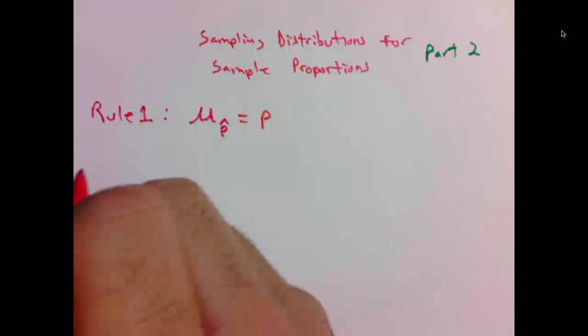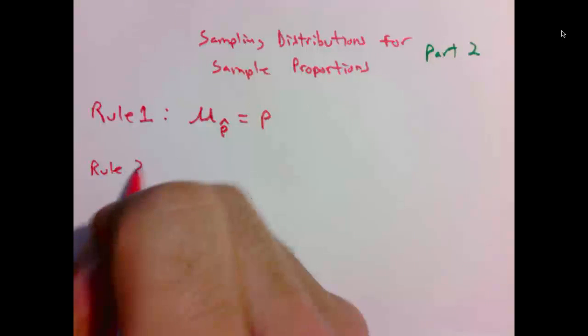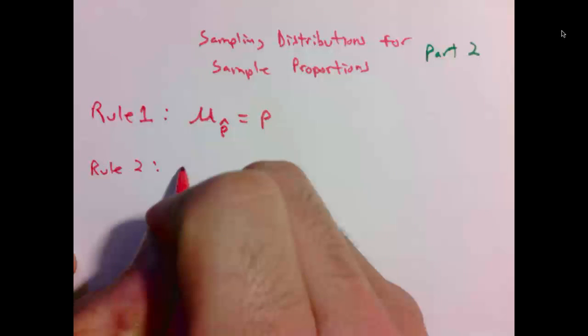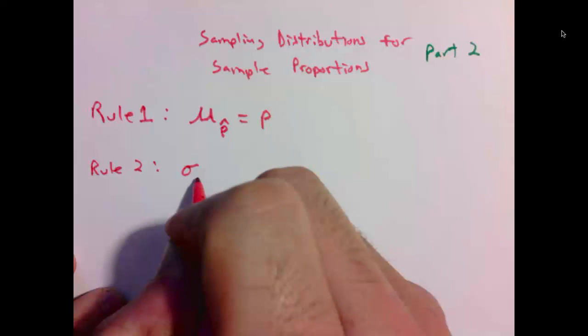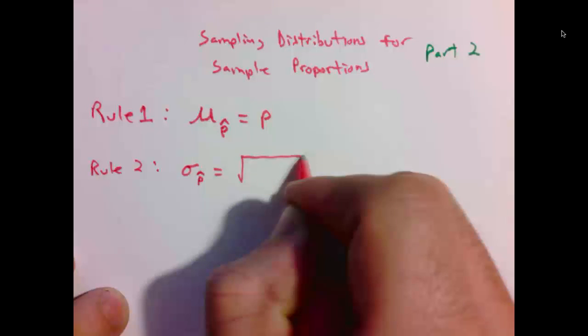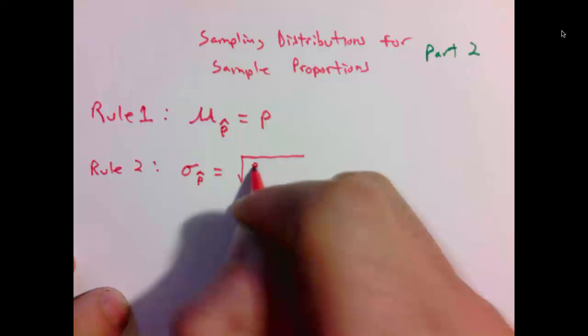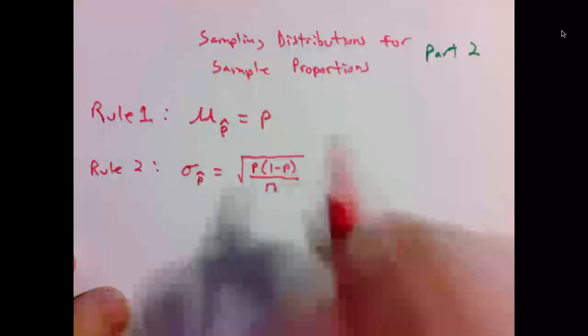Rule number 2. The standard deviation of these p hats is going to be equal to the square root of the population proportion times 1 minus the population proportion, divided by the sample size.